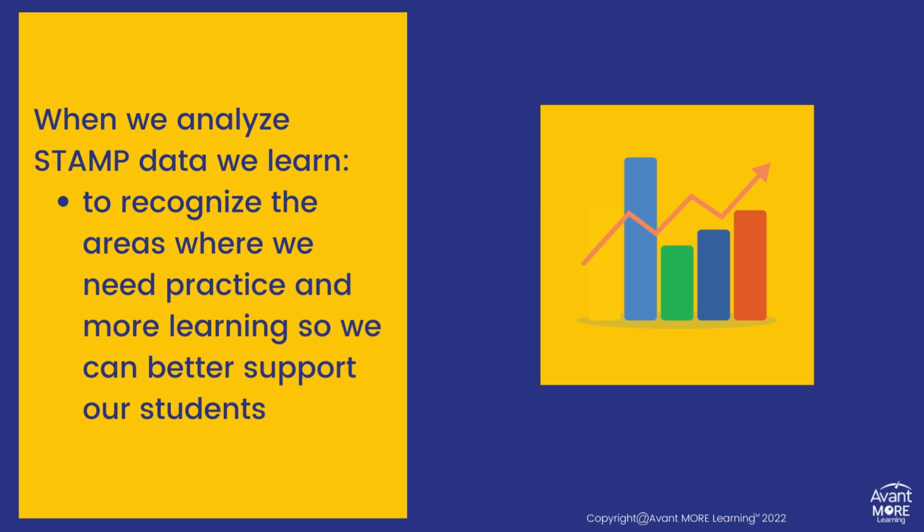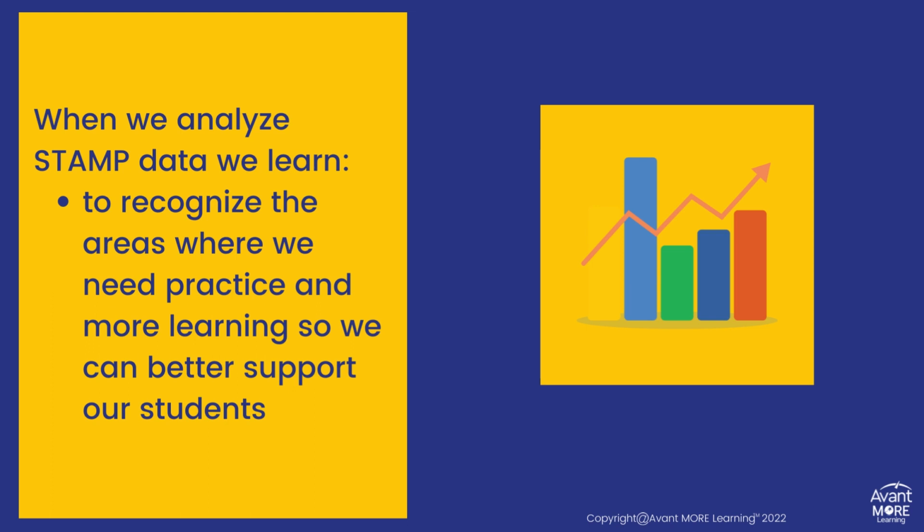When we look at this data, we're able to see where we need more practice, where we need more learning, so that we can better assist our students. It could be that maybe they're really strong readers, but maybe they're not scoring as high in listening. Or maybe they are really, really good speakers, but they don't write very well.